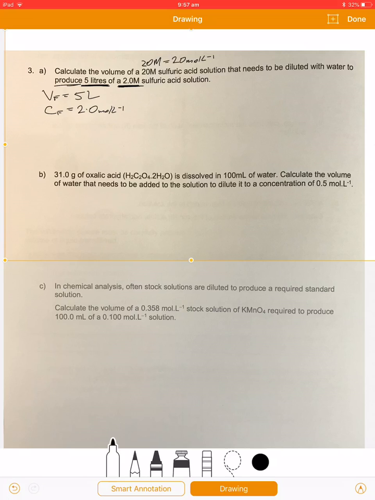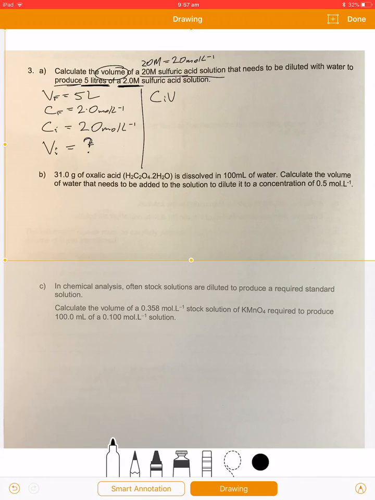We know that we are starting with an initial concentration of 20 moles per litre. That's from up here. If something needs to be diluted, it's our initial concentration, and we're trying to work out the volume required of that initial solution. So our volume is our unknown.